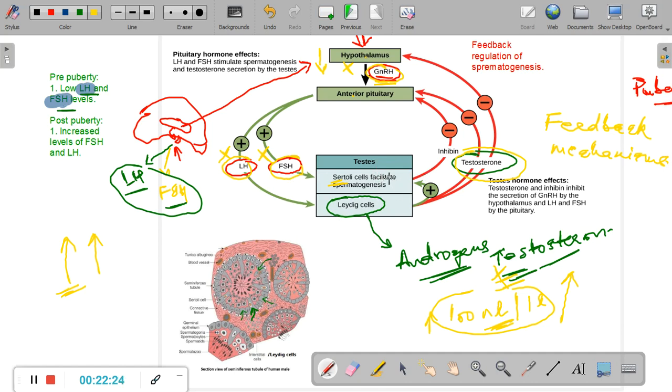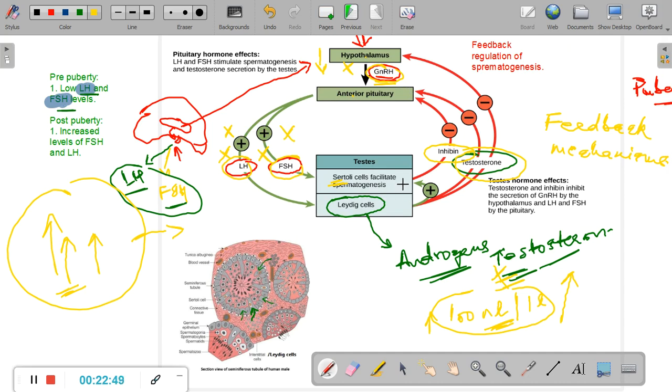And also, when a large amount of sperms are formed, the sperms also end up releasing a hormone called inhibin, and this hormone inhibin acts on the anterior pituitary, not the posterior, and tells it to produce less and less of LH and FSH.